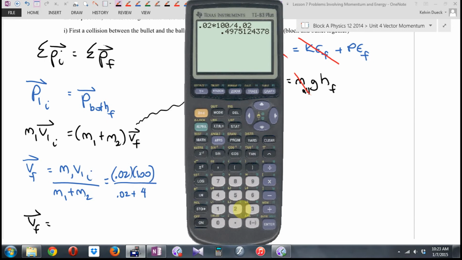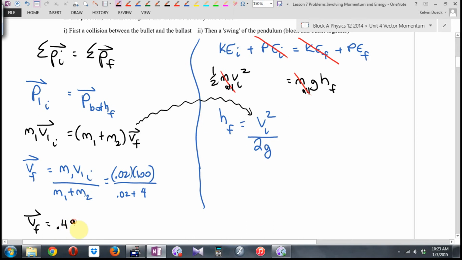And since this is my final answer, I'll carry a few extra sig figs. I'll go 0.49751. Which means over here it's going to be 0.49751 squared all over 2 times 9.8.